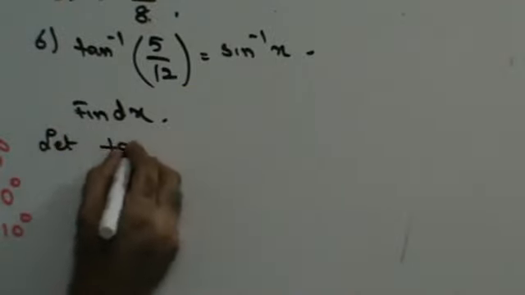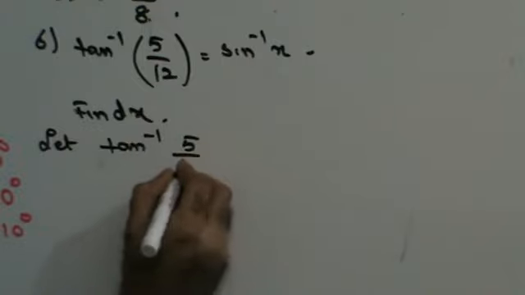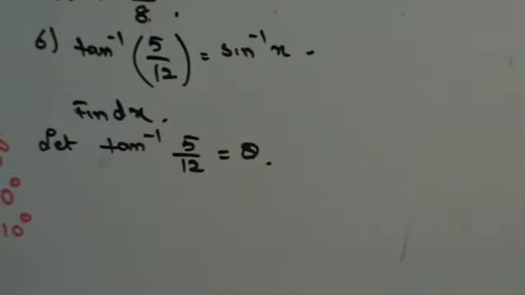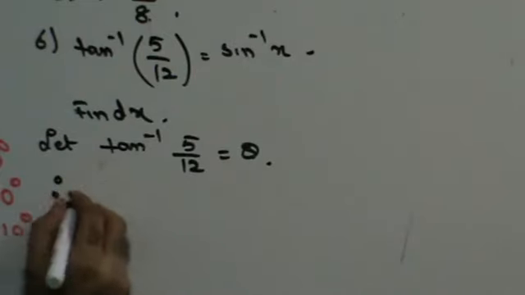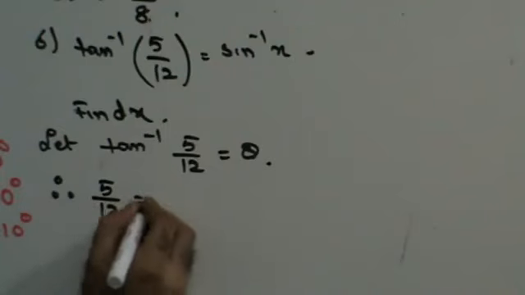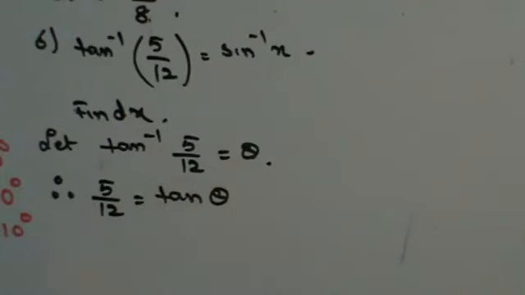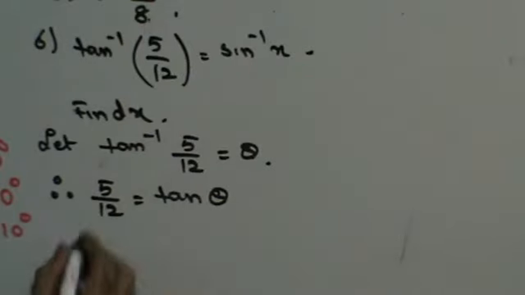Let us assume that tan inverse of 5 by 12 is theta. In which case I can say that 5 by 12 will be equal to tan theta, if I take the tan function on the other side.